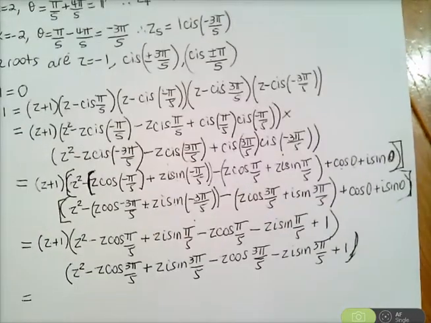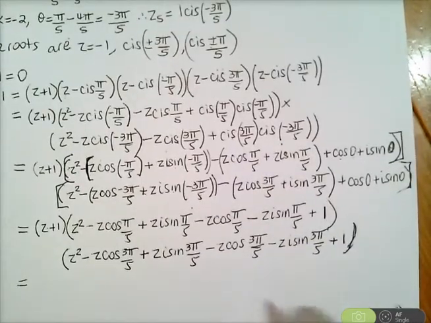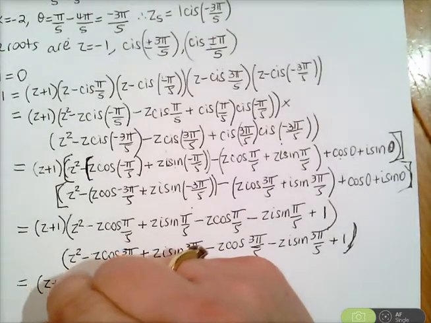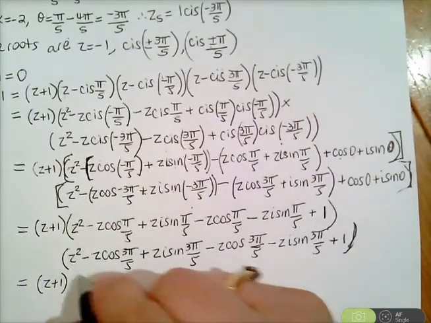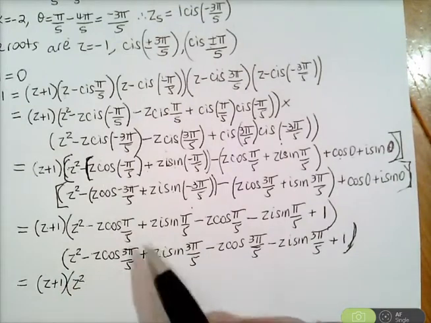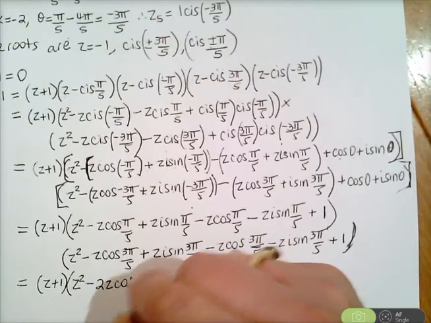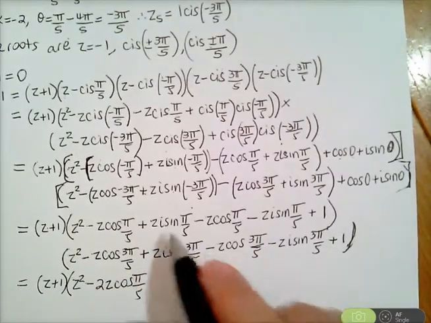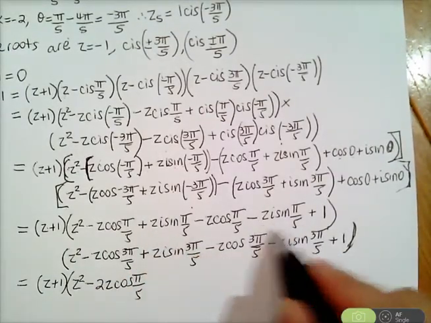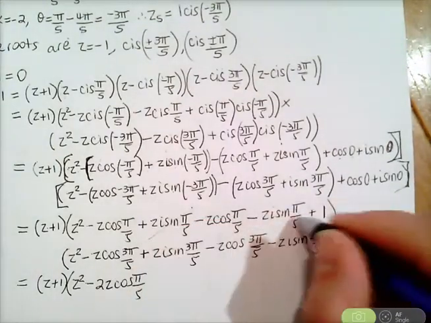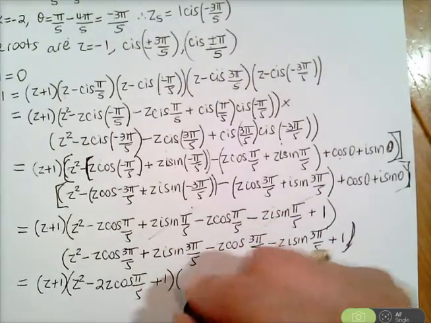So therefore, collecting like terms, we've got z plus 1 times z squared, and we've got 2 lots of this, so minus 2 lots of z cos pi on 5. We know that z i sine pi on 5 cancels with minus z i sine pi on 5. They cancel. We've got plus 1.